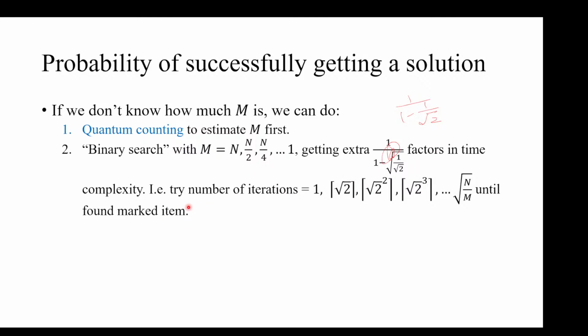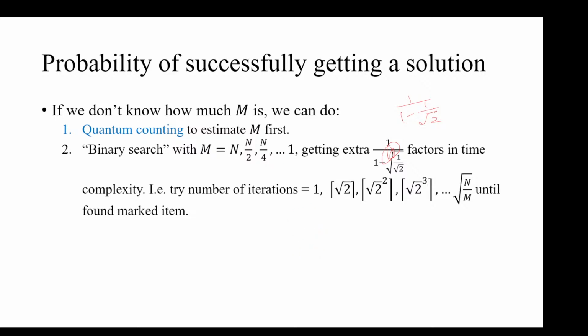Okay, so basically the number of iterations you try is about 1 if you have m equal to n, and then when you decrease m by a factor of 2, the number of iterations you try is square root n over m. I wrote this wrong.